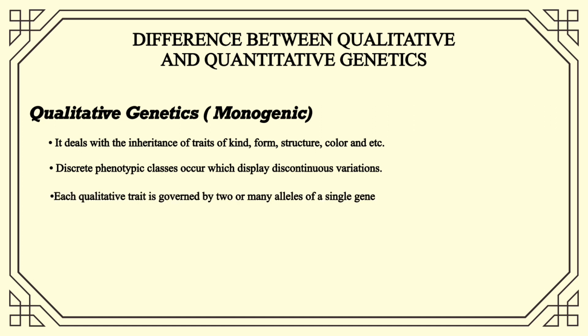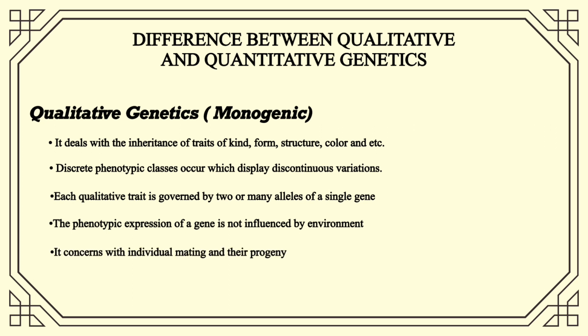Each qualitative trait is governed by two or many alleles of a single gene. The phenotypic expression of a gene is not influenced by environment. It concerns the individual mating and their progeny, and its analysis is made by counts and ratios.